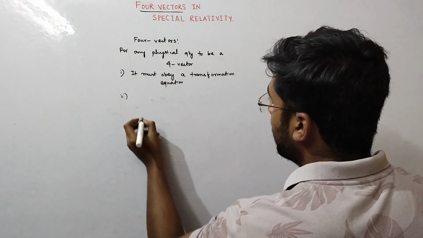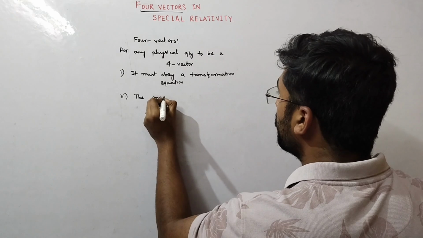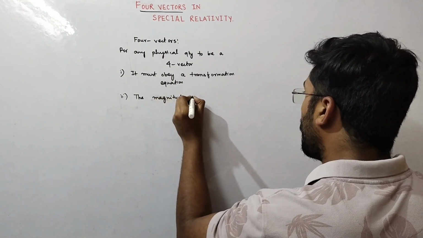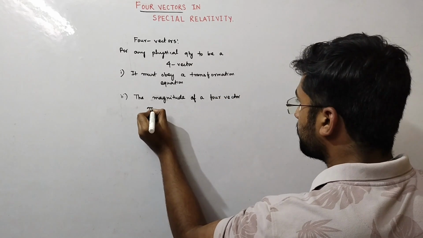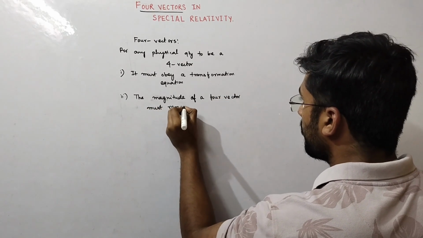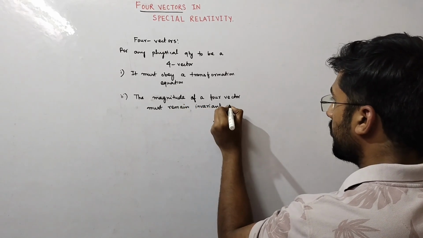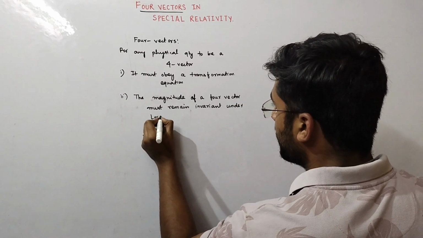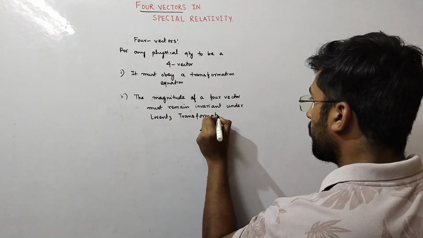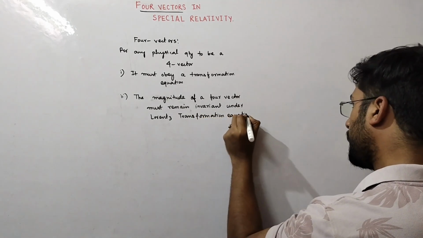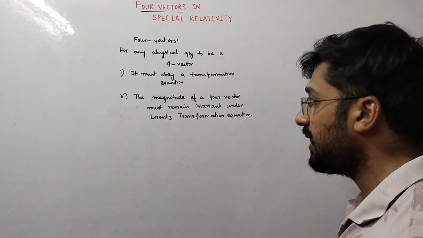So the second point is that the 4 vector, or you can say the magnitude of a 4 vector, must remain invariant under the Lorentz transformation equation.